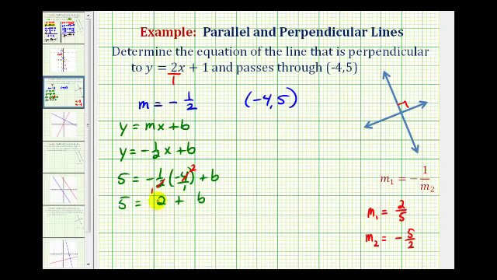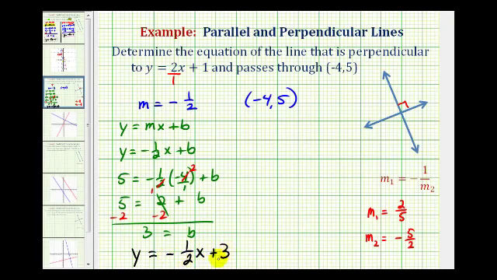So now if we subtract 2 on both sides, we have b equals, this would be positive 3. So now we have our equation. We'll just substitute positive 3 for b, and the equation will be y equals negative 1/2 x plus 3.